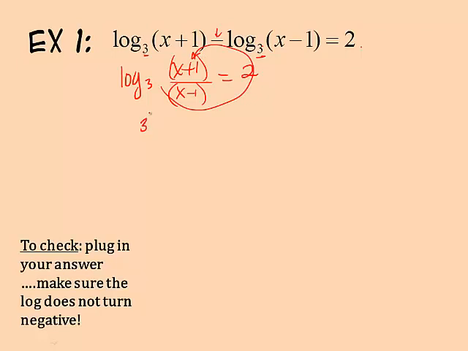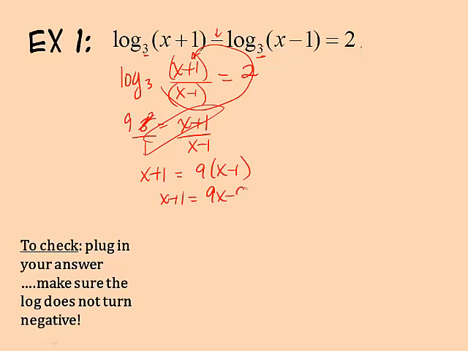The second step is to swirl. Well, 3 is my base, so 3 squared equals x plus 1 over x minus 1. Well, we know that 3 squared is 9, right? Now I'm going to cross multiply. So if I do this, I have x plus 1 equals 9 times x minus 1. Distribute out your 9. And we're going to solve it for x. I'm going to add 9 to both sides.